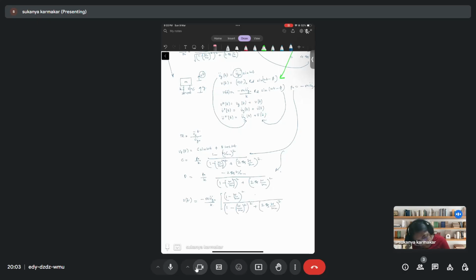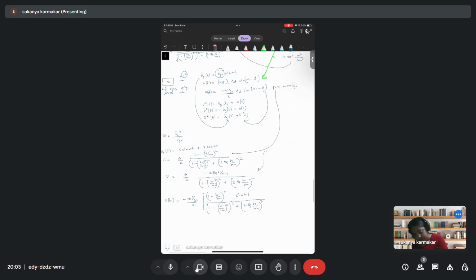Multiply this by sine of omega t. Basically I am substituting the value of C.